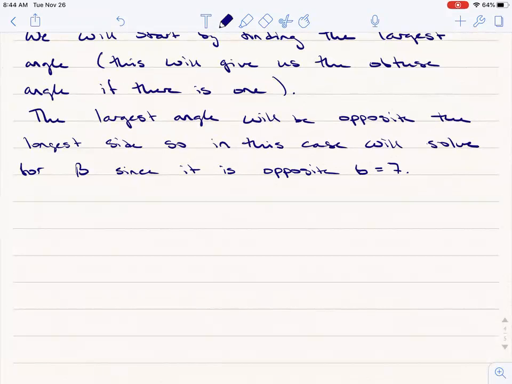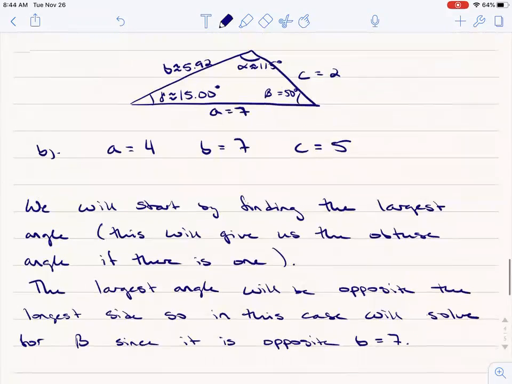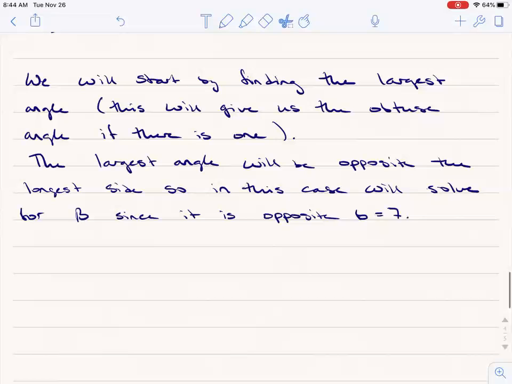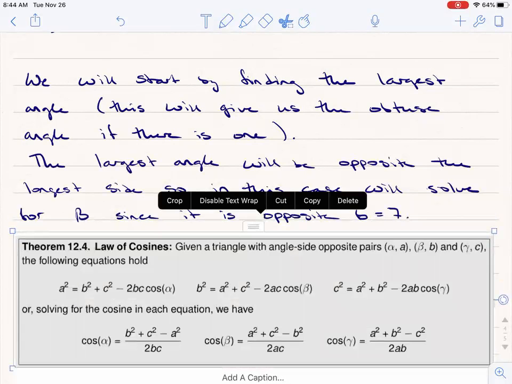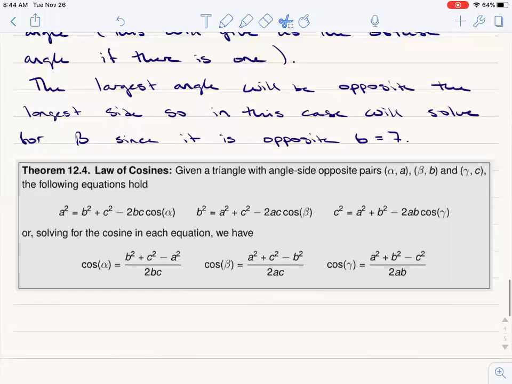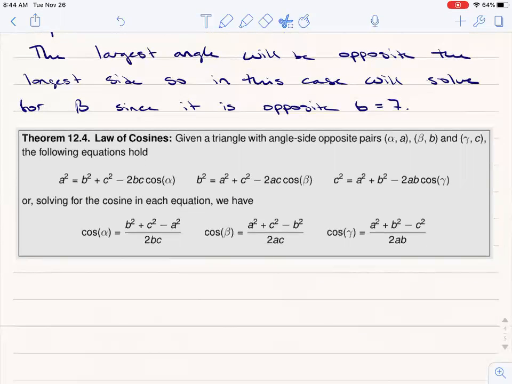If we're solving for beta, you could use, let's see if it's still here, the law of cosines. I'll delete this in a bit, but just so we've got it here. You could just use the original equations up top. The next line has been solved for alpha, beta, and gamma.